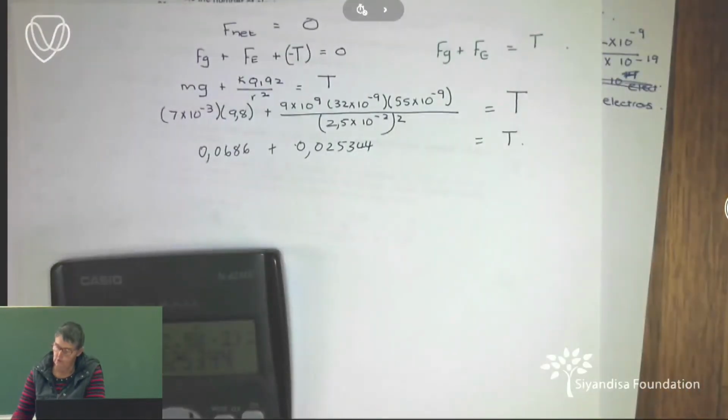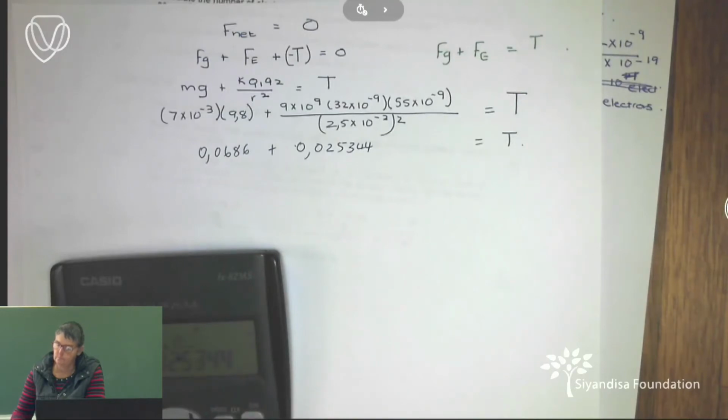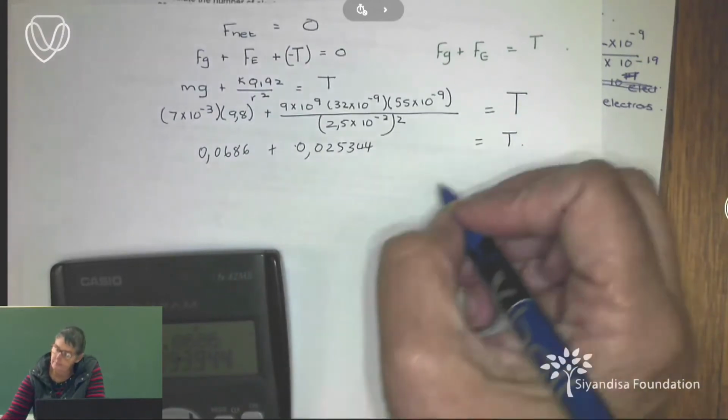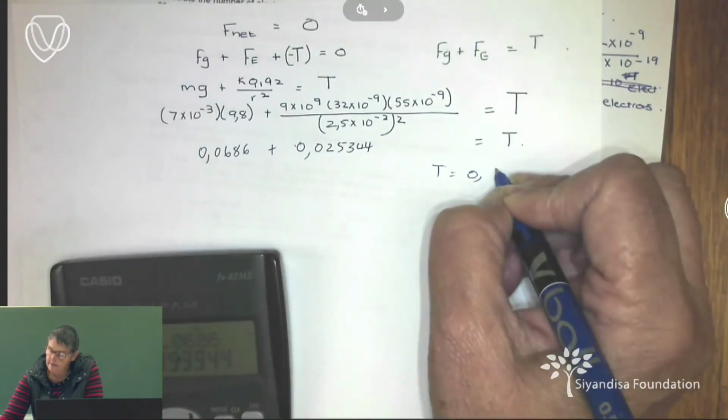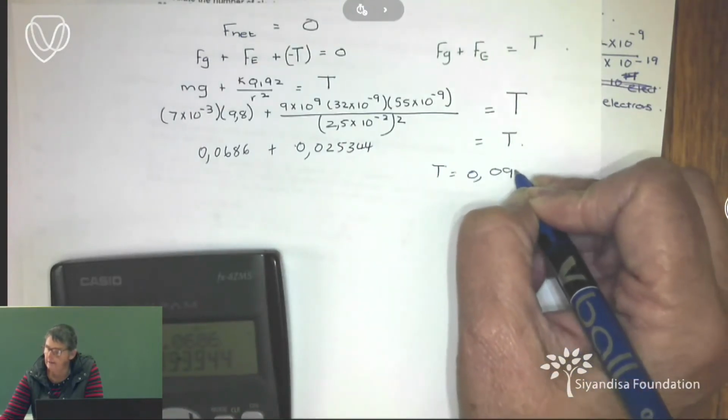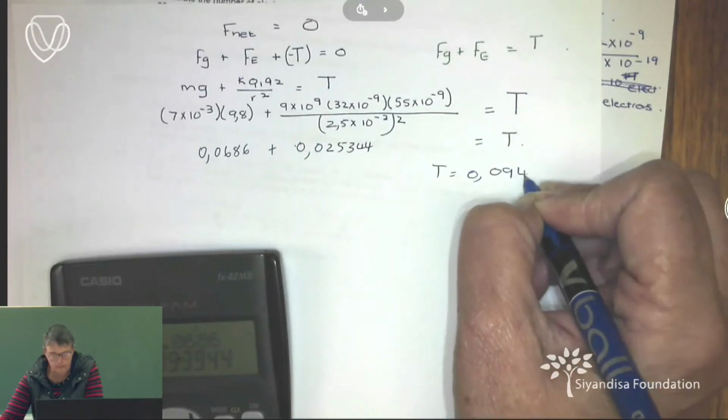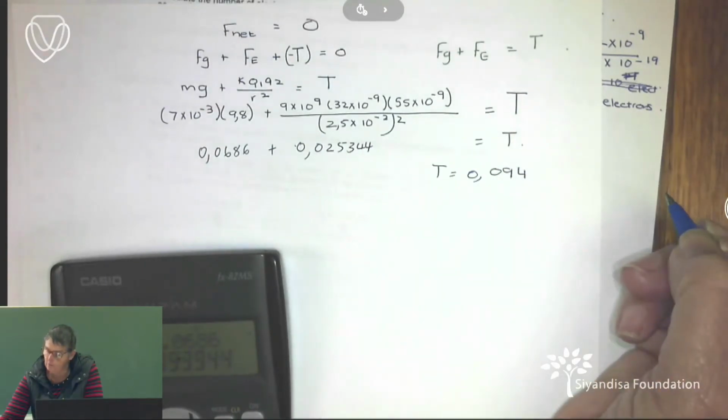And that then gives me, my tension is then equal to 0,094. I'm going to just write it down like that for you.